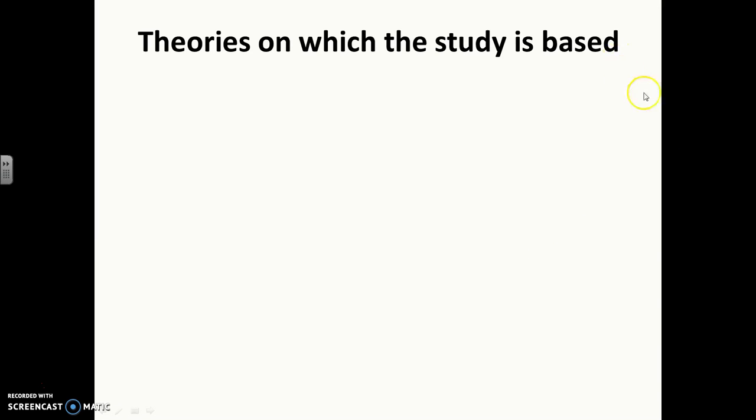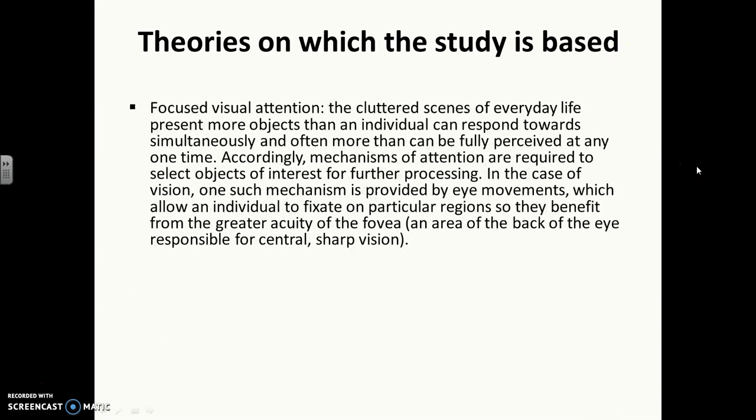So the theoretical background to this. It's the idea of focused visual attention and how it can be broadly known as being cognitive misers. There's a theory called cognitive miser, which says that our brains don't want to do too many things.